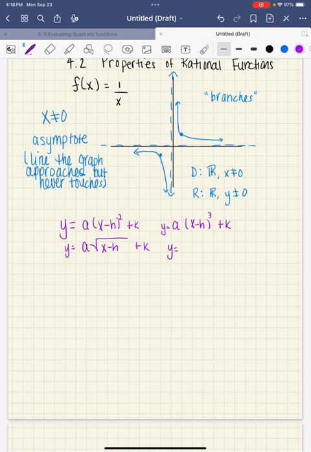Maybe it's a times the cube root of x minus h plus k. Well, guess what? For the rational function, it's y equals a over x minus h plus k. h is the horizontal shift. So essentially what's happening here is instead of shifting the vertex, what we are doing is shifting the asymptotes.